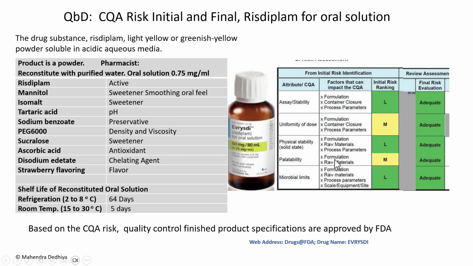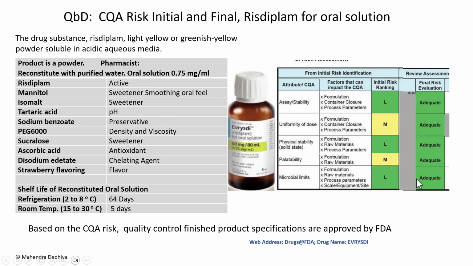Upon studies, it was classified as adequate with additional sweeteners and a soothing oral feel like mannitol. It was palatable. Microbial limit was looked at from formulation, raw material, process parameter, scale up, and equipment used at the manufacturing site. All these parameters were examined.